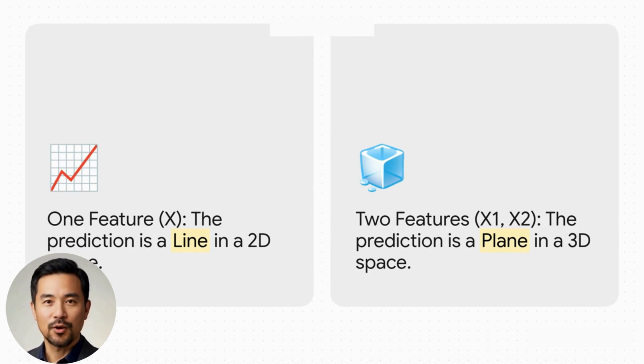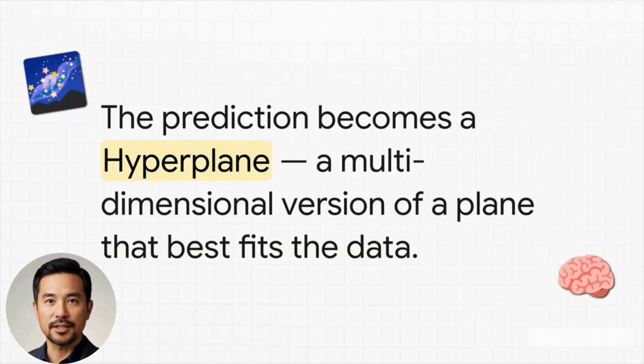Well, now your prediction isn't a line anymore. It actually becomes a flat plane floating in a 3D space. And what happens if you have 3 features, or 4, or 100? Well, our human brains can't really picture that. But here's the cool part. The math works exactly the same. The algorithm just creates what's called a hyperplane, which is just a fancy word for a multi-dimensional version of a plane. It still finds the best fit, and the core idea of minimizing all that error stays exactly the same.